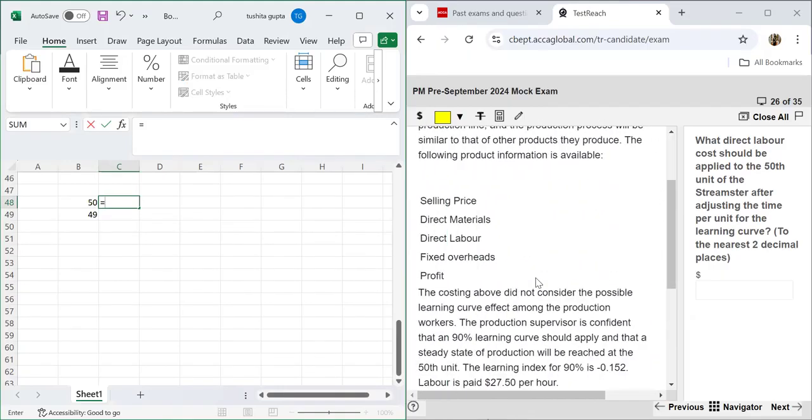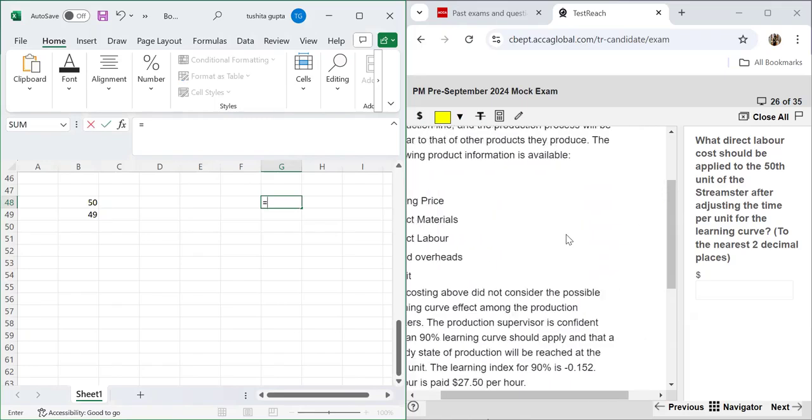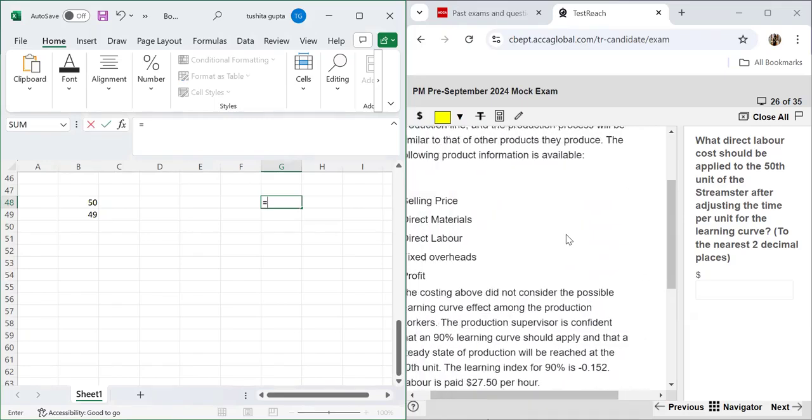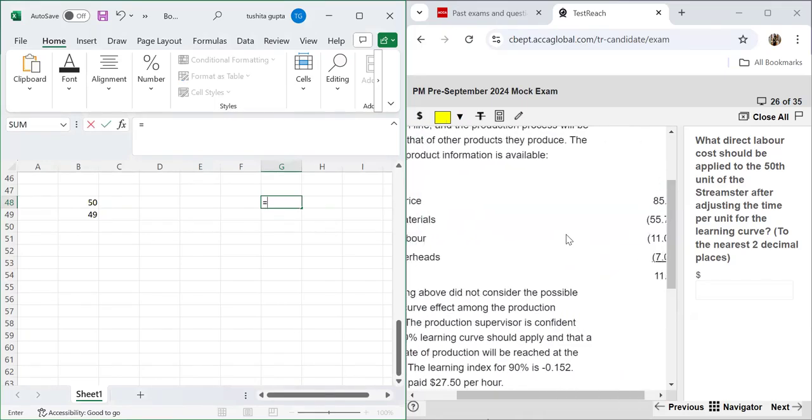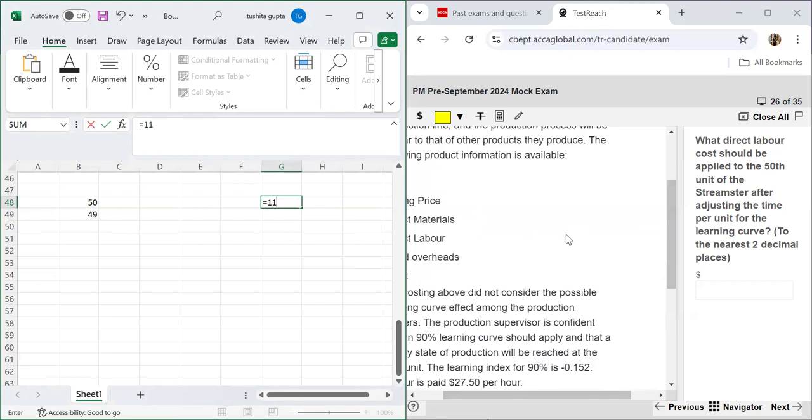All right, so we might have to find this out. You are given the direct labor cost of $11 and the labor is being paid at the rate of 27.5. So if you are paying a total of $11, that means you're paying them for 0.4 hours. So let's do our calculations accordingly.